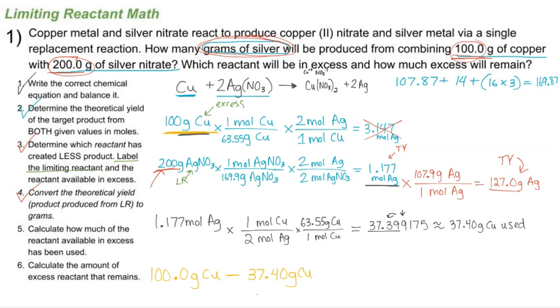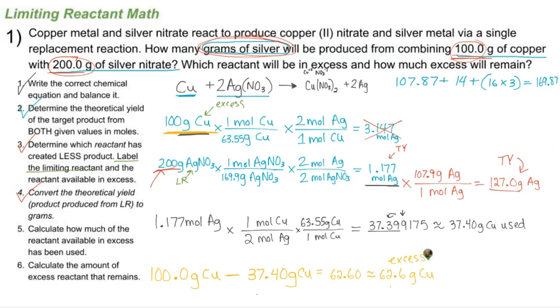And so our answer here should have just 1 decimal place, not the 2 that are here, but just 1 decimal place to match the smaller number of decimal places. And so 100 minus 37.40 gives us 62.60, which of course we are going to round to just 1 decimal place, so 62.6 grams of copper, and this is our excess, our amount of excess.